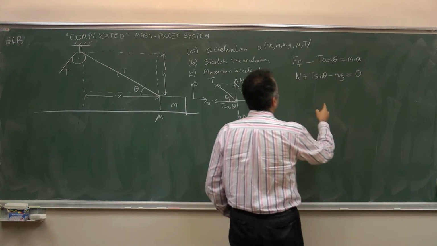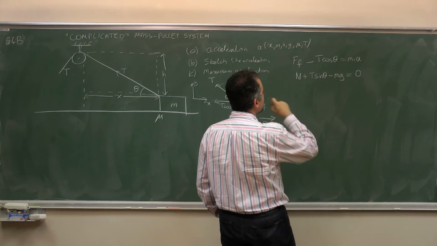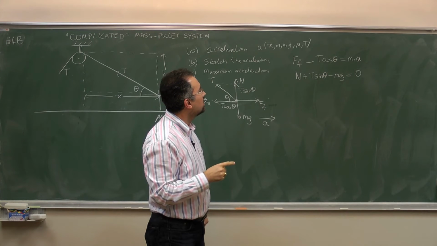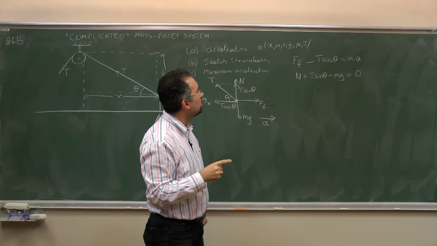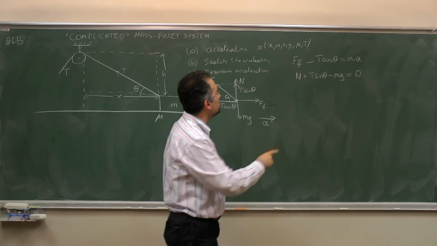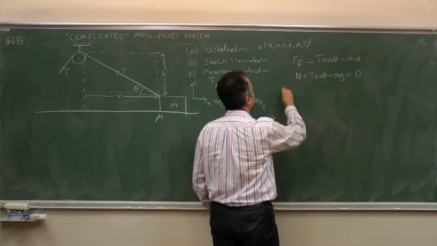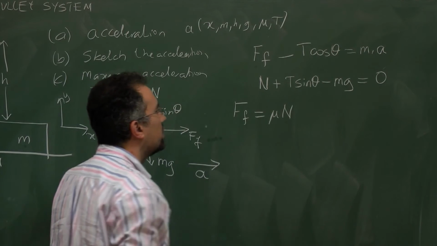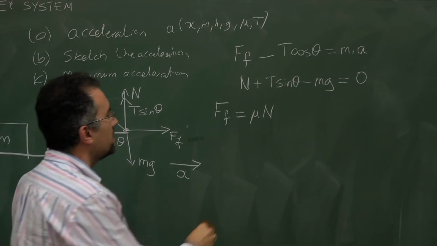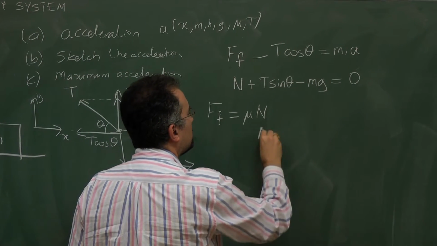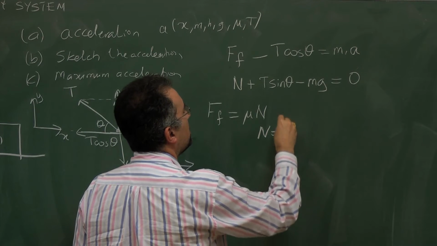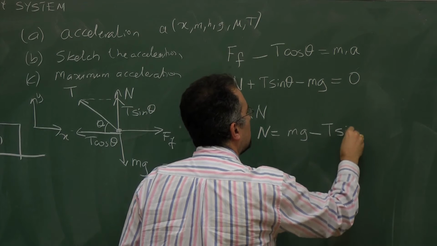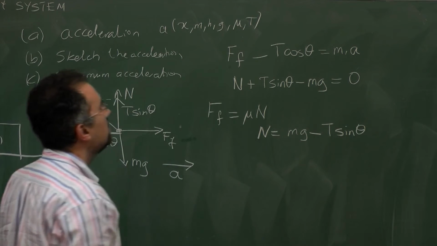All right, then let's see. What am I trying to solve for? T is known, so I'm trying to solve for the acceleration. I need to find the force of friction. The force of friction is just going to be mu N. What is N? N is mg minus T sine theta.